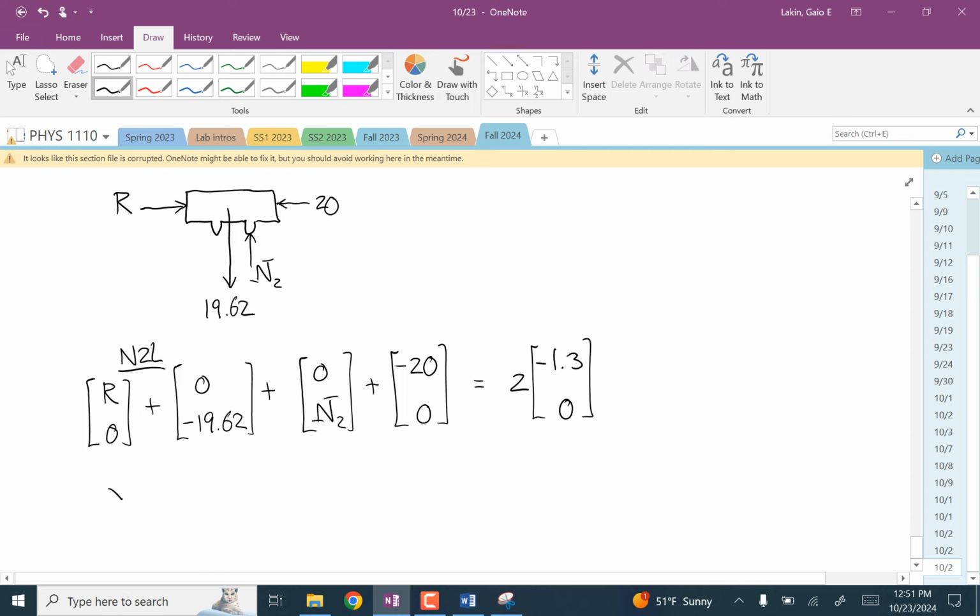And now the x equation says R minus 20 is equal to negative 2.6 repeating. And so R is equal to 17.3 repeating.